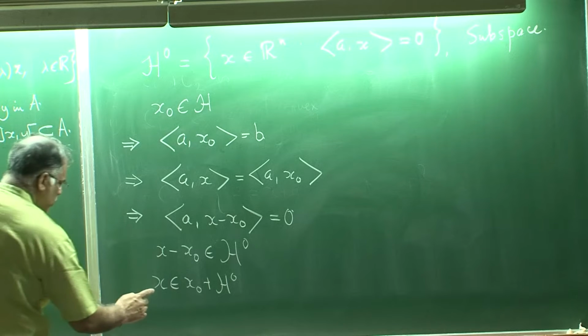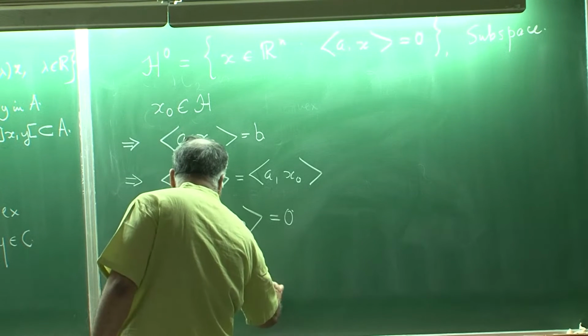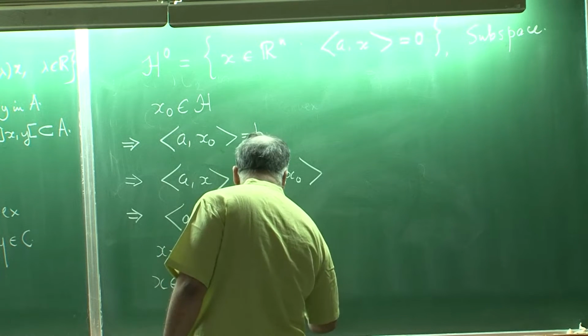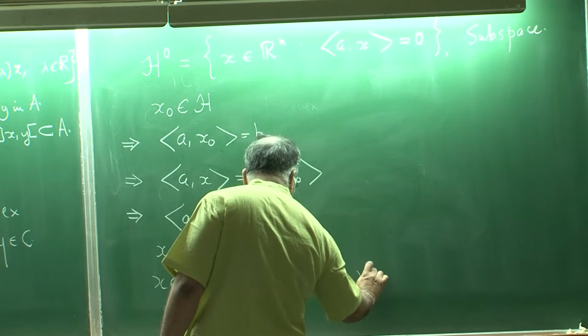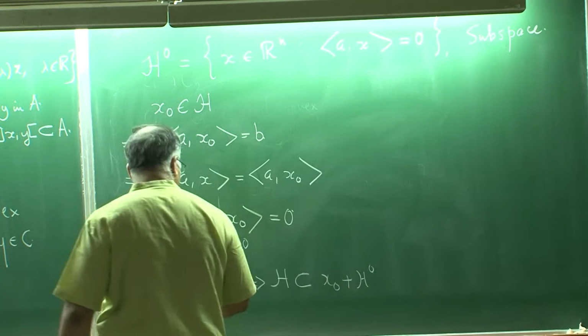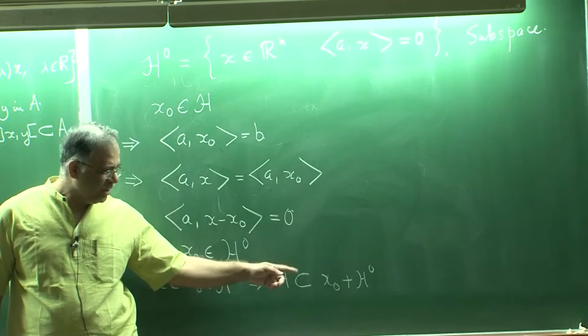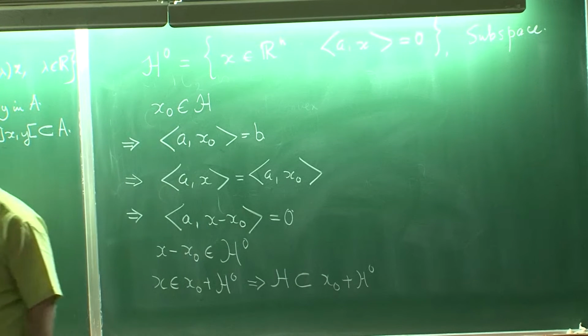This is true for any element of H. So, this implies that the set H is a subset of x naught plus H naught. So, you have a translate. I am essentially telling that this H is a subset of a translate of H naught by an amount x naught.